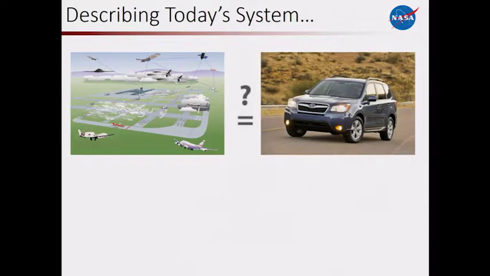So how is our national airspace system like a car, right? Let's look at some of the advances in modern automobiles today in terms of their safety systems, right? Collision impact warning systems, automatic braking, airbag deployment, the pre-tensioners on your seatbelt, cruise control, some of the automatic stopping and things like that, traction and stability control.